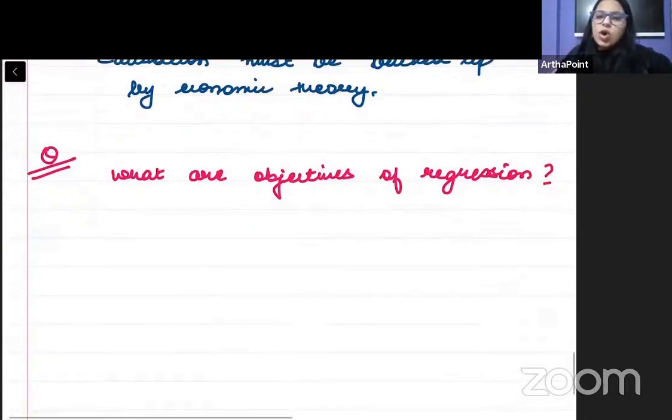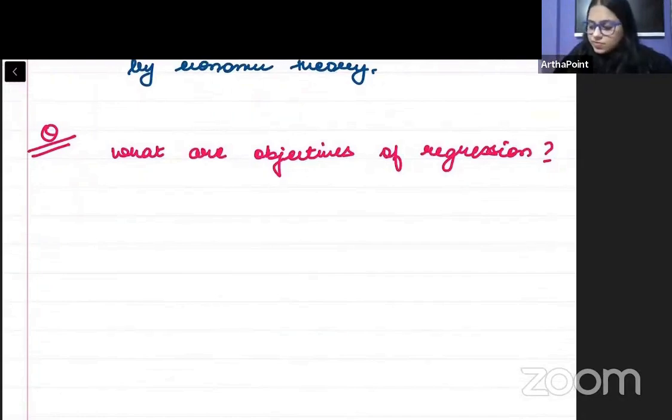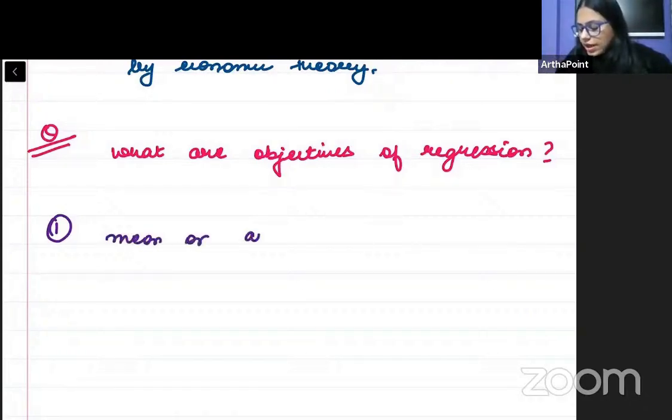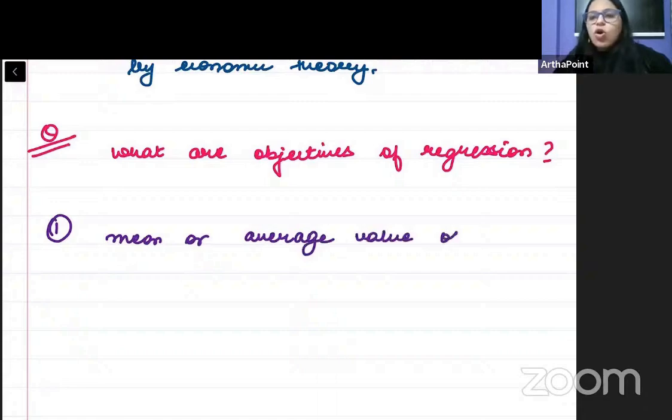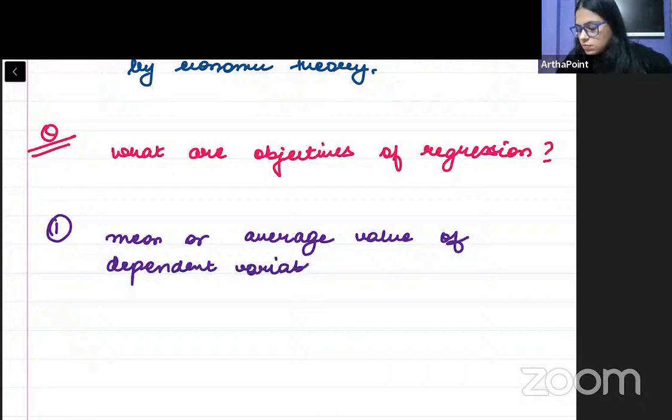Right, beta. Objective number 1. Very important, और ये चीज थोड़ी देर में समझ में आएगी जब हम इस चैप्टर को समझ लेंगे, then we will understand this thing in detail. But objective number 1, you want to find out the mean or average value of the dependent variable given the independent variable.